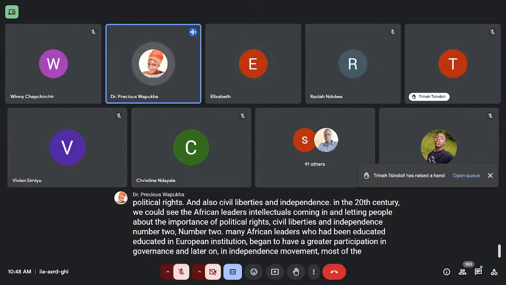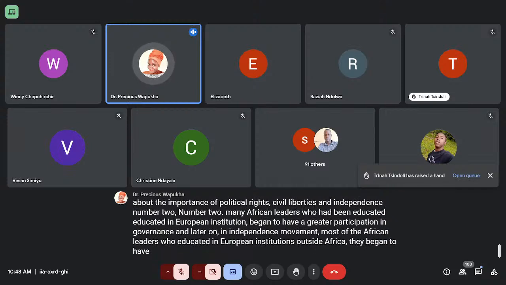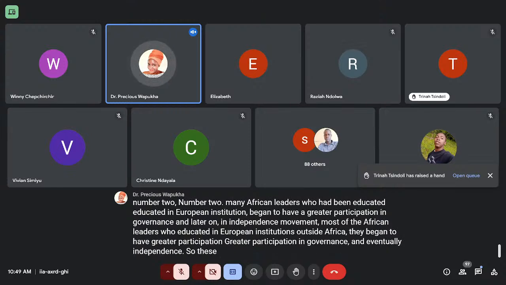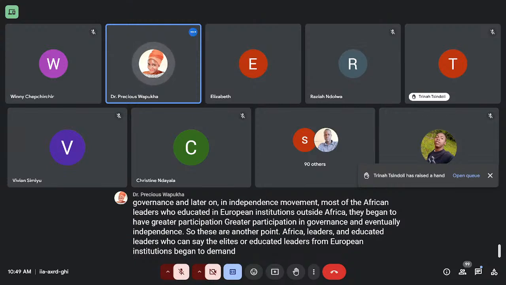Most of the African leaders who were educated in European institutions outside Africa began to demand greater participation in governance and eventually independence. So this is another point.